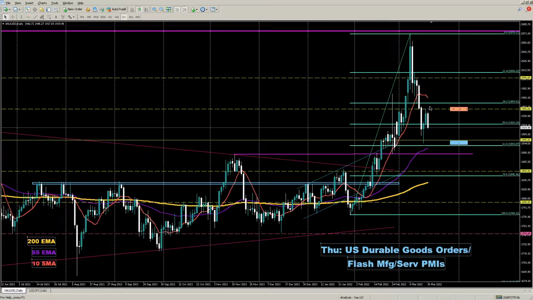So we'll see if there's going to be consolidation in this resistance zone with the 38 fib to the 62 fib retracement. It could be boxed in here.